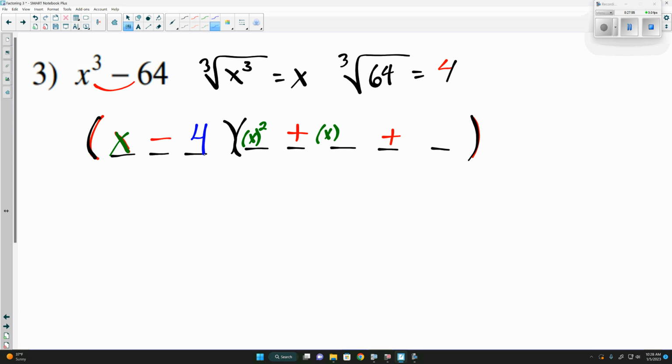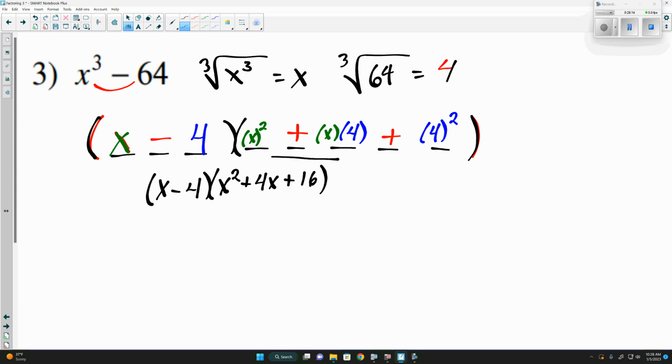We won't have anything with x squared, 4, and then 4 squared. And so this will factor to x minus 4 times x squared plus 4x plus 16.